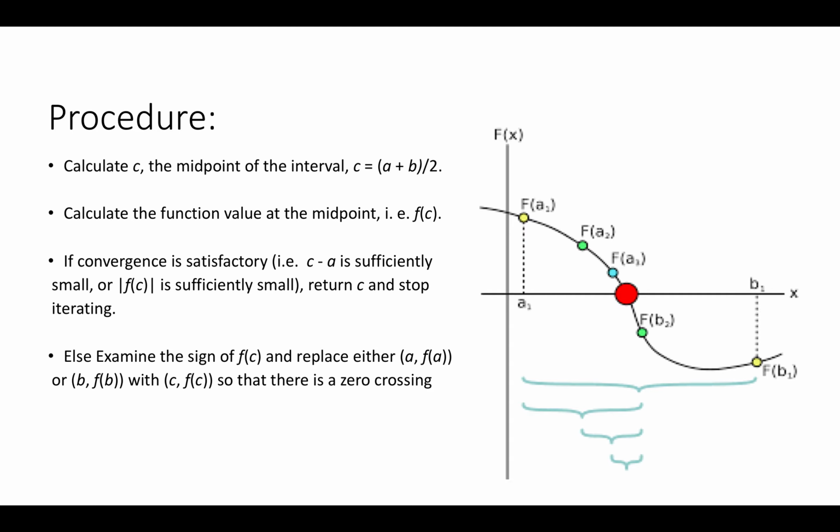Only then their product will be negative. Then we bisect the interval, we calculate the middle point C, and we calculate the value of the function at C. Then we have to reduce either the left side or the right side. A is a value at which the function is positive and B is a value at which the function is negative.